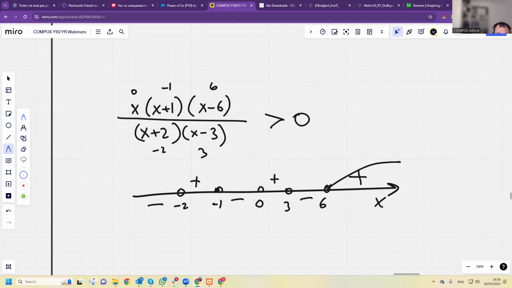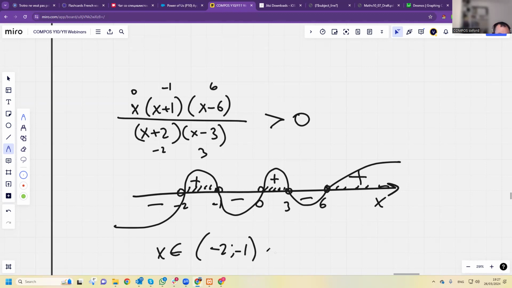Positive. We're interested in this interval, and this interval. So x belongs to from -2 to -1, from 0 to 3, and from 6 to +infinity.